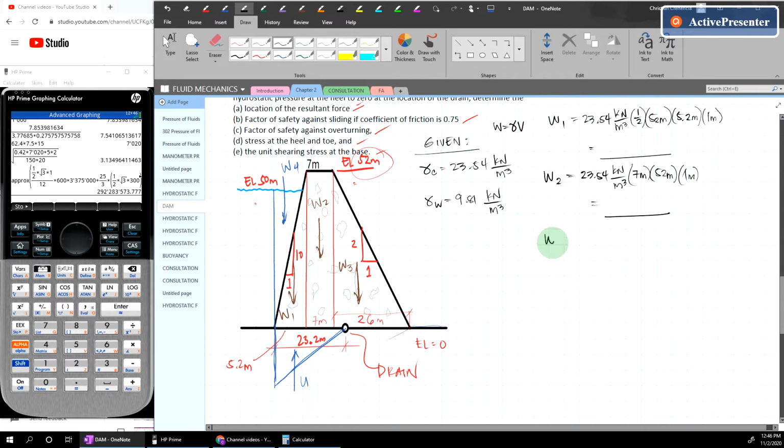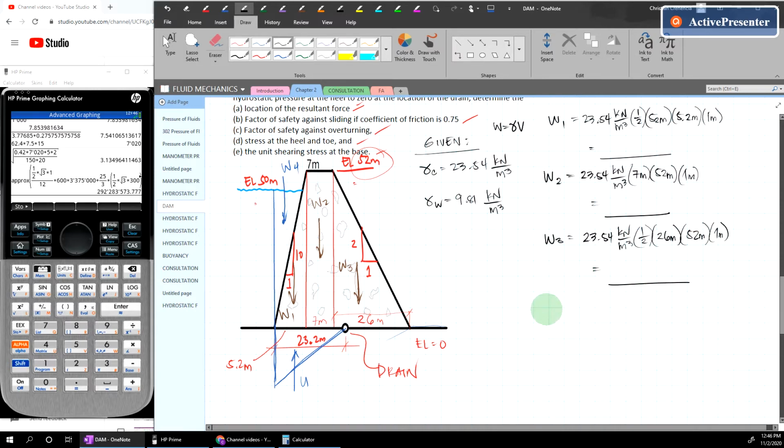Then weight 3. Concrete pa rin, 23.54 kilonewton per cubic meter multiplied by area ng triangle 1/2 base times height, base is 26 meters, height natin is 52 meters, and yung width ng 1 meter strip na 1 meter.